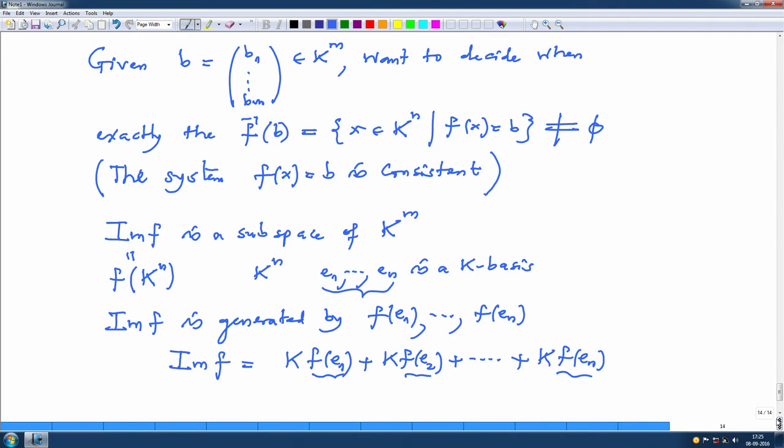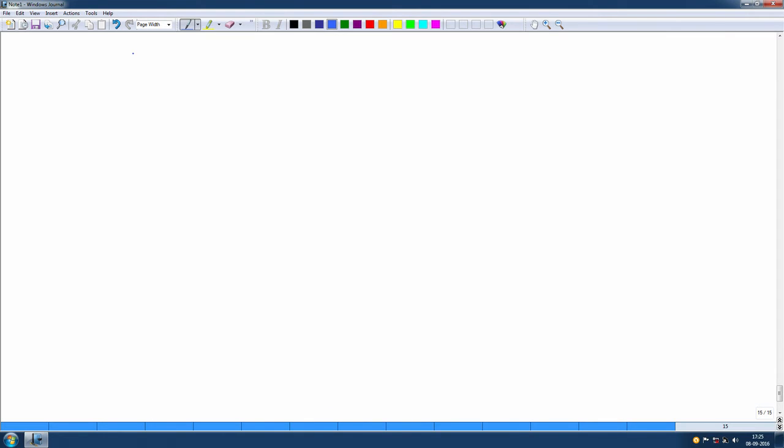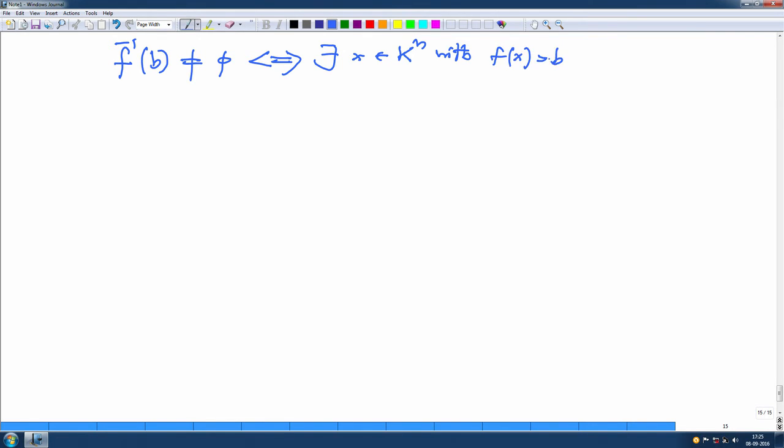Okay. So now the question becomes, therefore, f inverse b is non-empty if and only if there exists x in k power n with f of x equal to b, because such an x will be in the fiber of b.